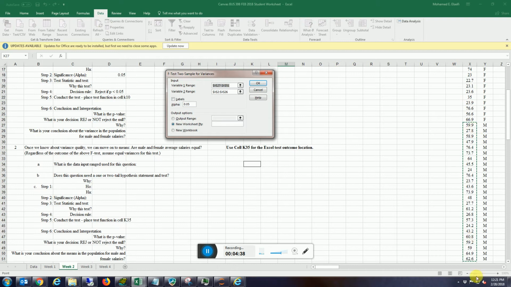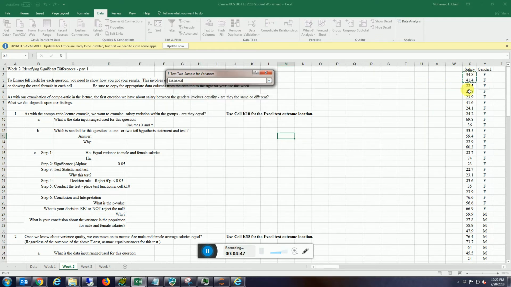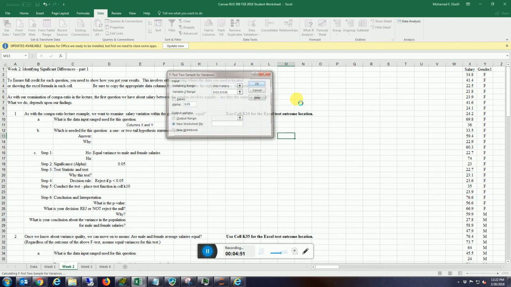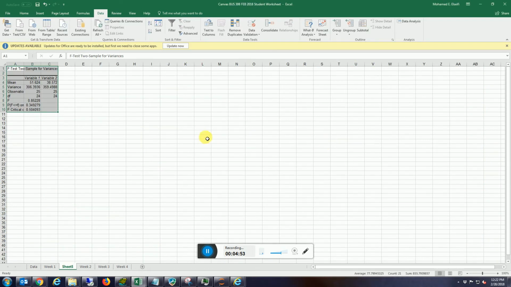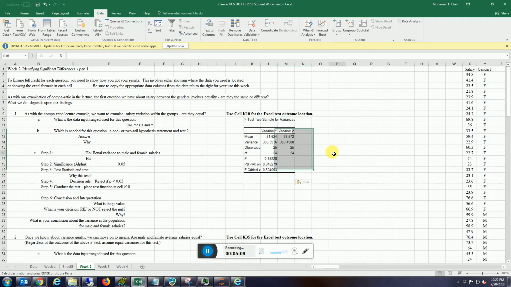Our first data is going to be the males, and then our second variable is going to be the females, and we press OK. And this is the result we get for the test. We just copy it and paste it. This says paste it in K10, so K10 is right here, so I'm just going to paste it here.